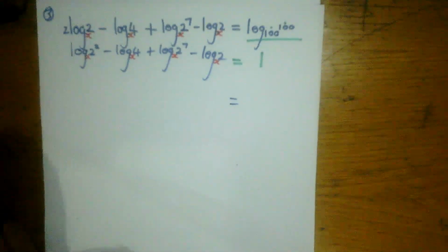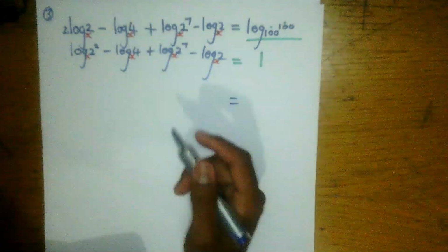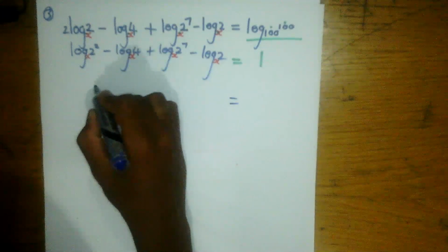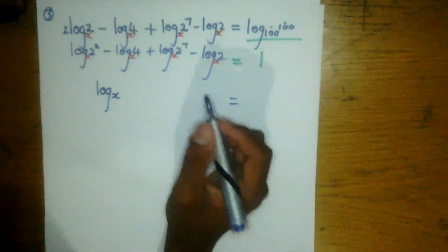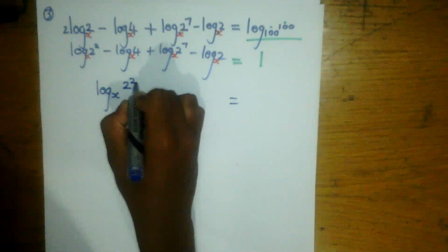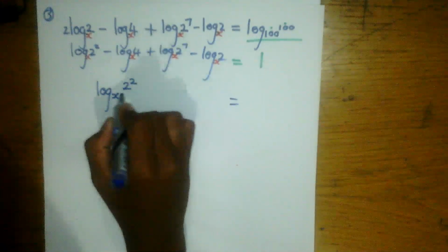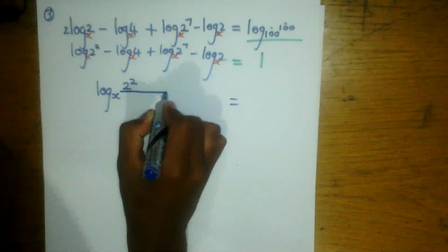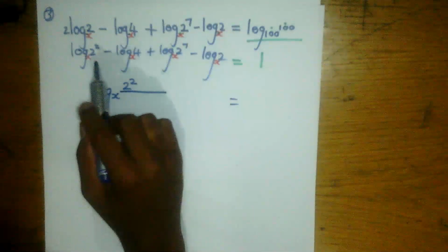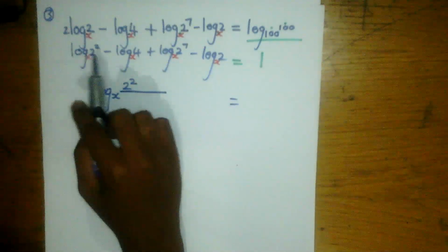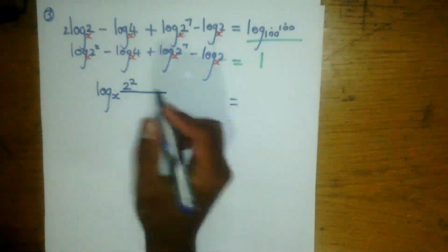So now what we do, because we are busy solving for x, is we say log and its base, with 2 to the power of 2. We know there's going to be a fraction because of rules 6 and 7, and there's a combination of positive logs and negative logs. So all the positive logs go to the top.